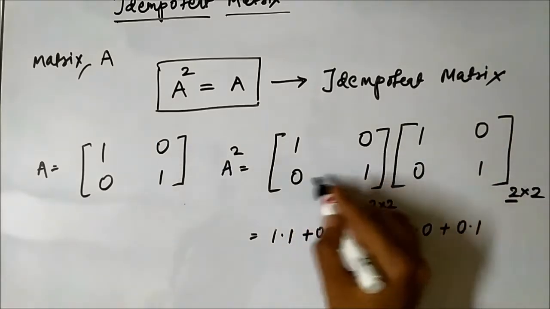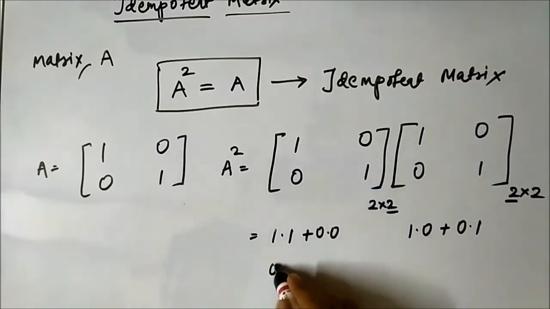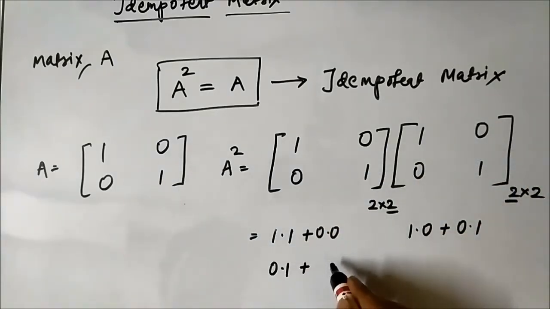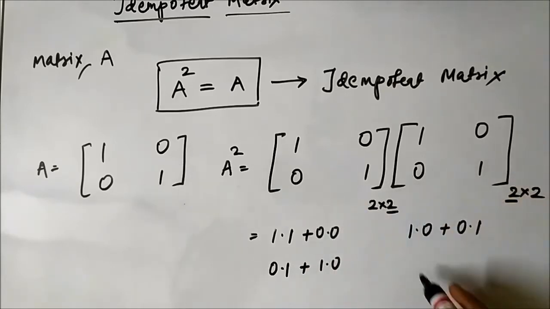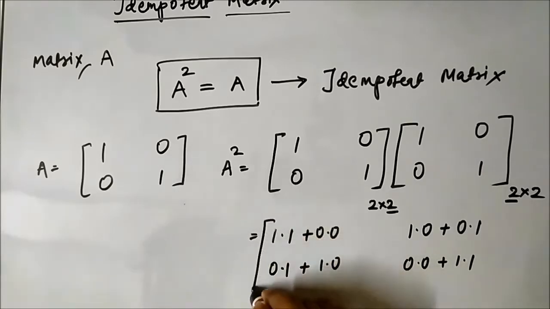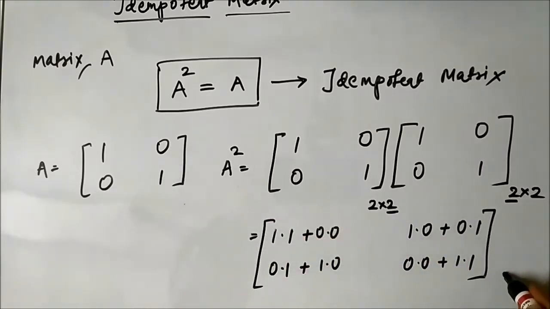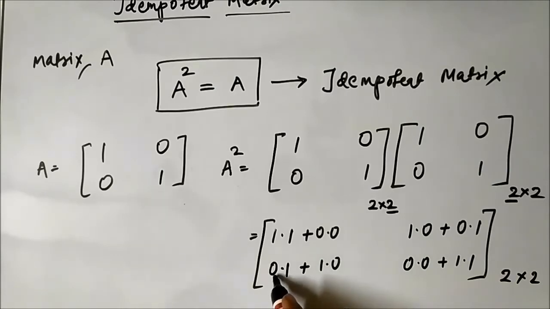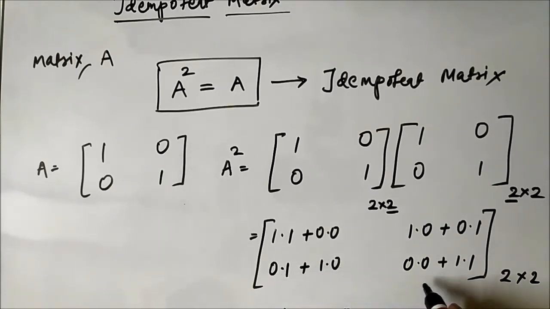The second row with the first column will be 0 into 1 plus 1 into 0, and this will be 0 into 0 plus 1 into 1. The resultant will be again a 2 cross 2 matrix. So the result will be 1 plus 0, which is 1. This again 0 plus 0, which is 0. Here also 0 plus 0, 0, and here 0 plus 1, which is 1.